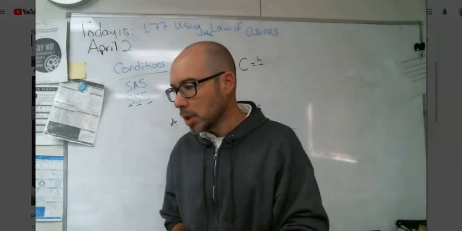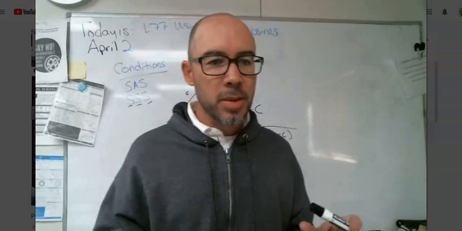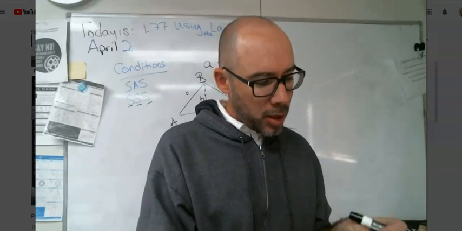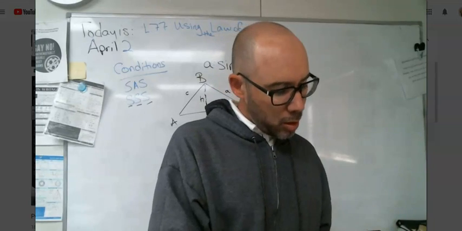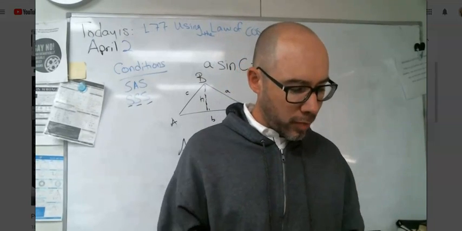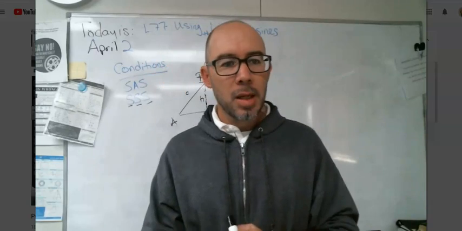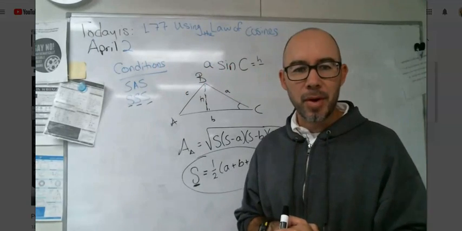Okay, that's pretty cool. And again, I got some examples for you in the other video, but we could do it with a 3, 4, 5 triangle pretty easily. It's just math, right? It's just math.